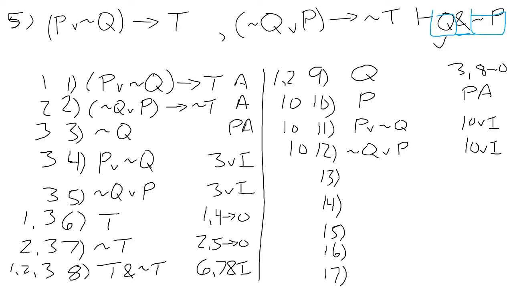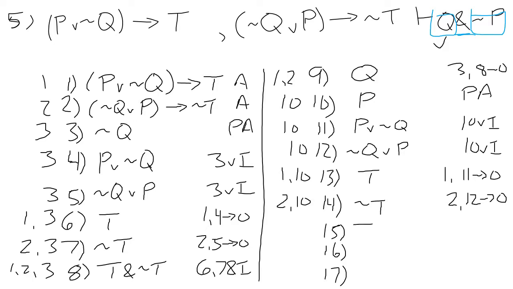Then we can toss both of those into our conditional statements in 1 and 2, so we can get T from, looks like, 1 and 11, arrow out, to be 1 and 10, and then we get tilde T from 2 and 12, arrow out, then it's going to be 2 and 10.